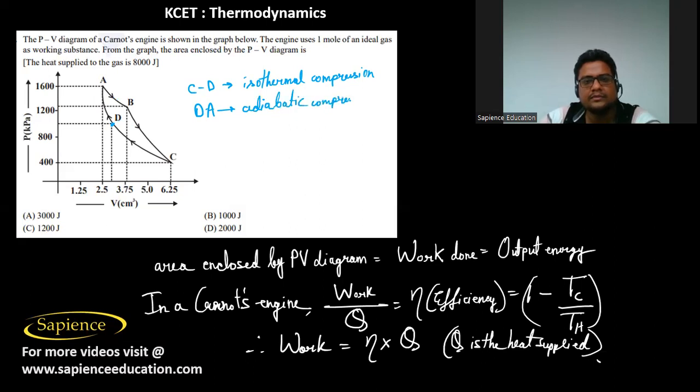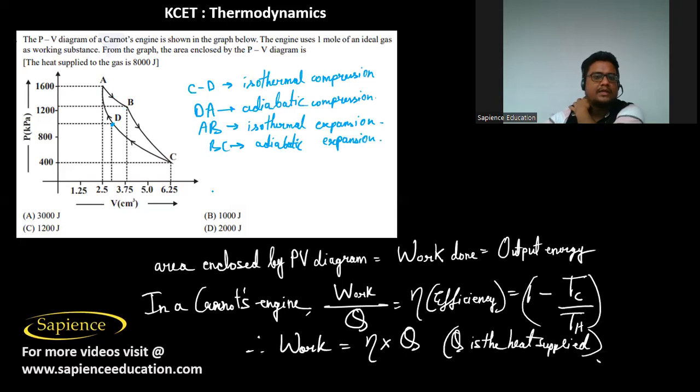Then from A to B we have isothermal expansion, since the volume is increasing, and the region from B to C is adiabatic expansion.